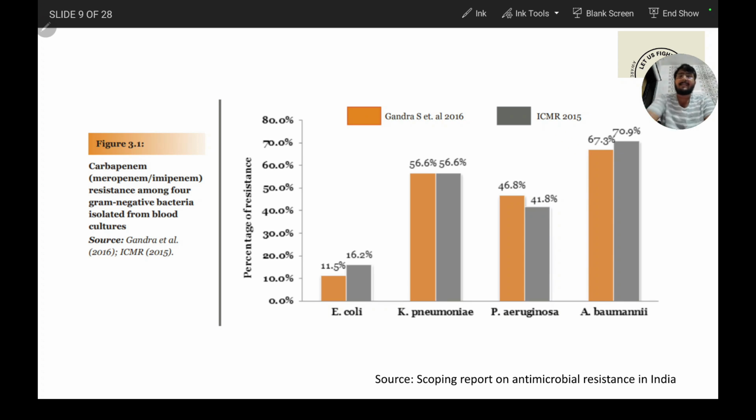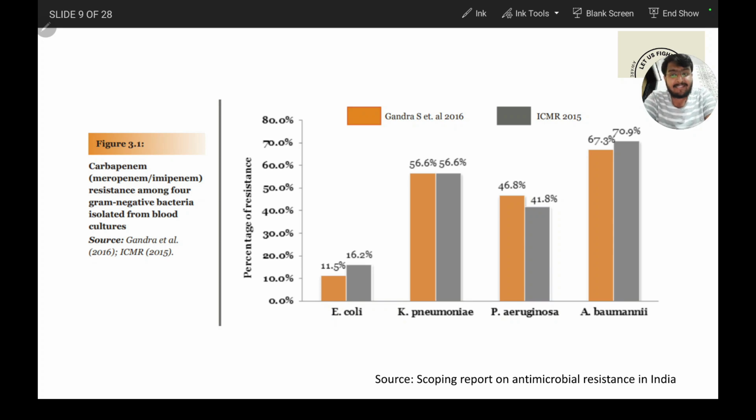You can also see this graph wherein a study has been done on these 4 bacteria again with respect to meropenem and imipenem antibiotics, and you can see the resistance rates shown in percentages with these organisms. You can see Acinetobacter being resistant to these antibiotics with almost 70%, Pseudomonas showing resistance around 47%, Klebsiella showing resistance around 56%, and E. coli showing up to 16%.